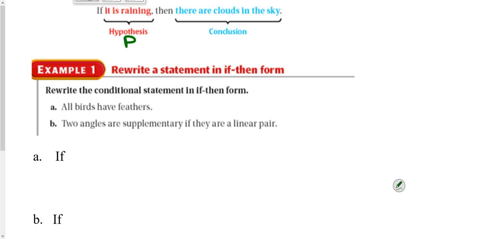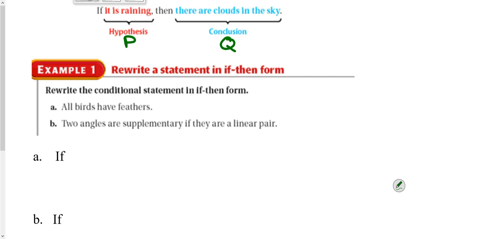So my conclusion is that there will be clouds in the sky, and that is Q. So if it is raining, then there are clouds in the sky. And notice if and then aren't included as part of P and Q. They're just helping us separate the two.